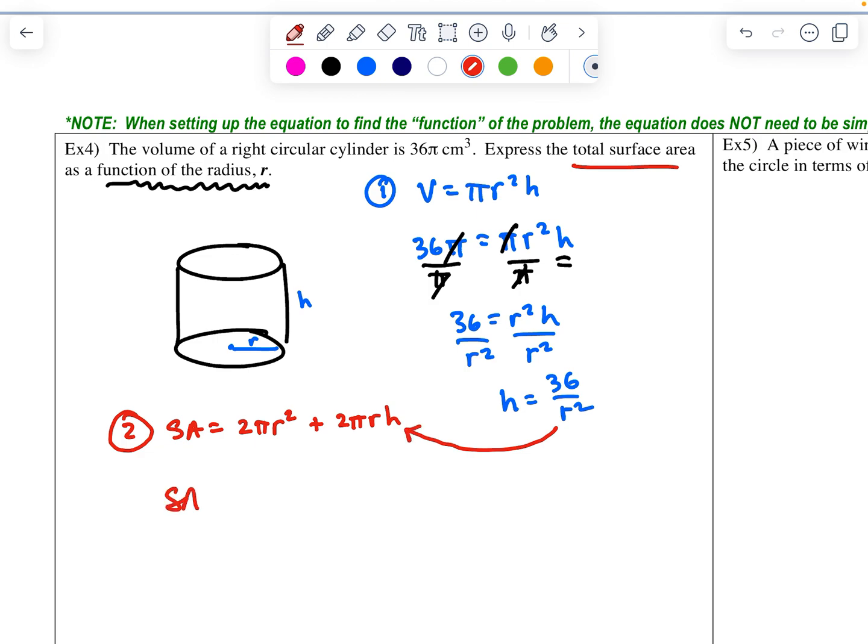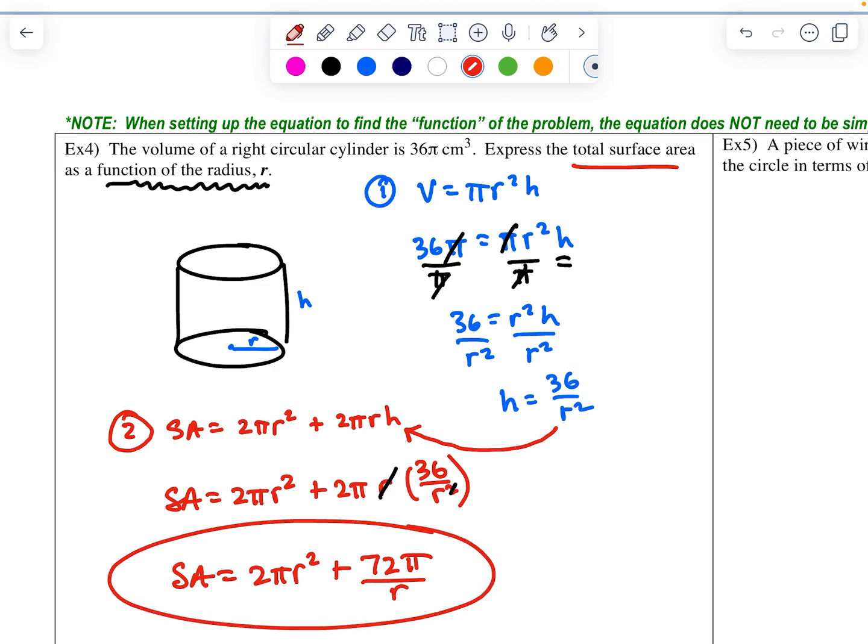So surface area is equal to 2 pi r squared plus 2 pi r times 36 over r squared. Hopefully you recognize that this can cancel with one of these r's, and then I can multiply the 36 times the 2, and surface area is equal to 2 pi r squared plus 72 pi over r.